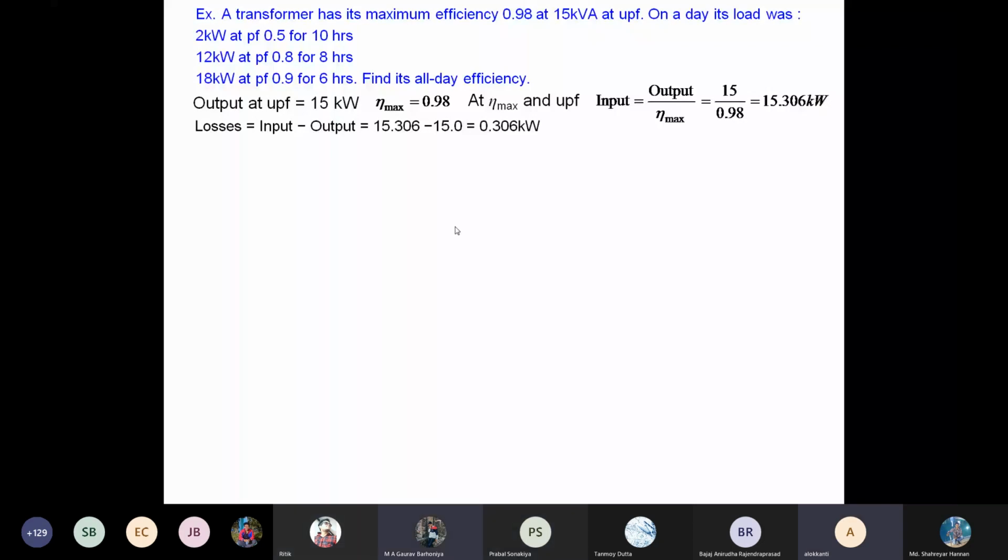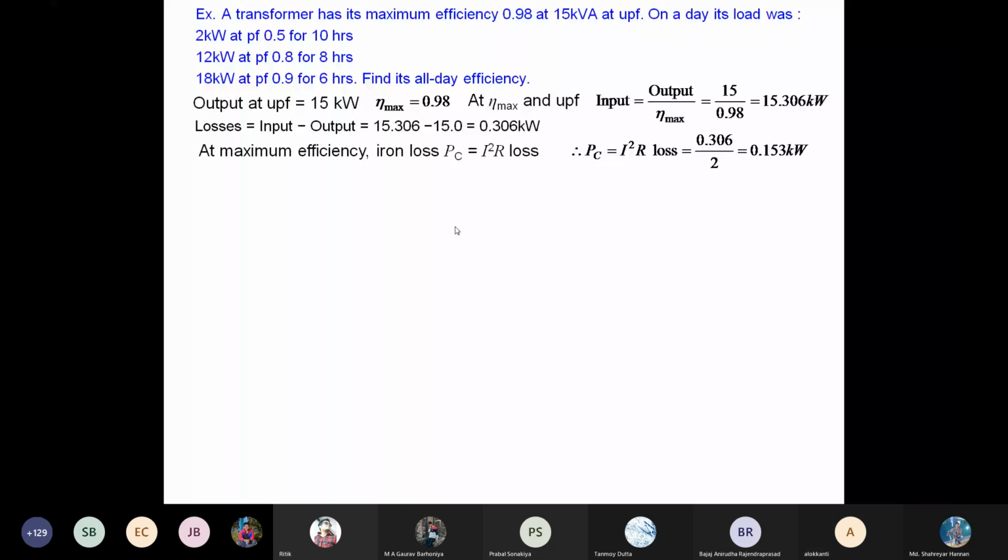At maximum efficiency, your iron loss is equal to the I square R loss. So you can find each of them; each is just half, 0.153 kilowatt, because we are using the maximum efficiency condition. So this is the core loss.